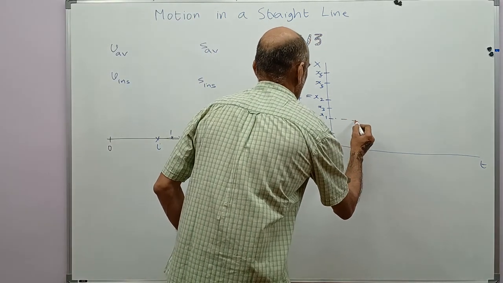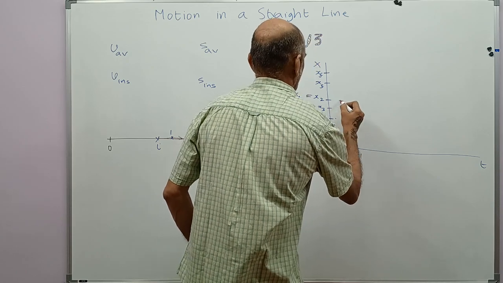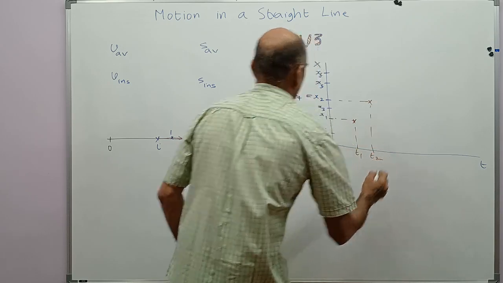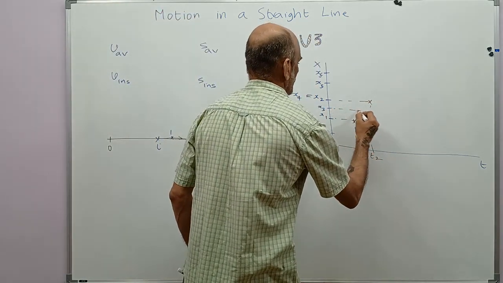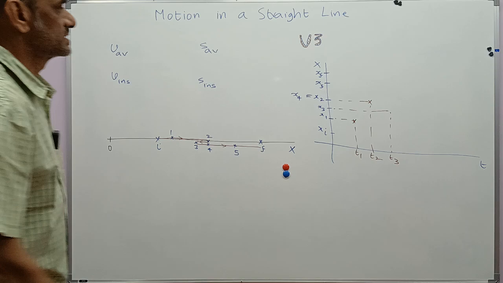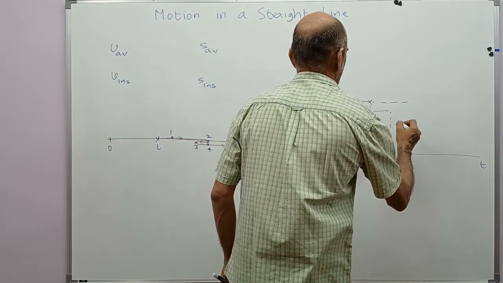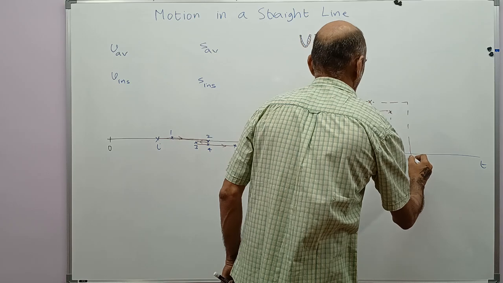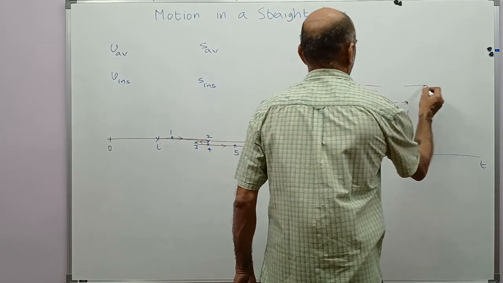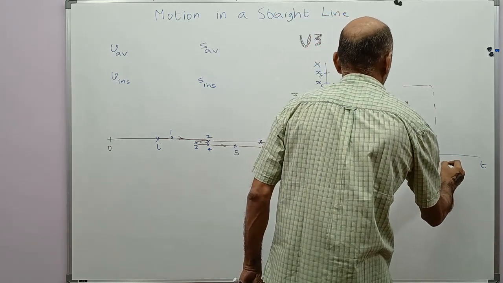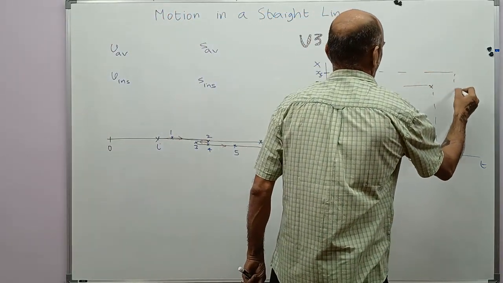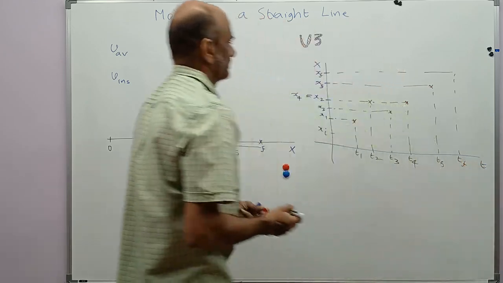So x1 at time t1, x2 at time t2, x3, which is less than x2, at time t3, x4, which is same as x2, at time t4, x5 at time t5, and the final position xf at the corresponding time tf.